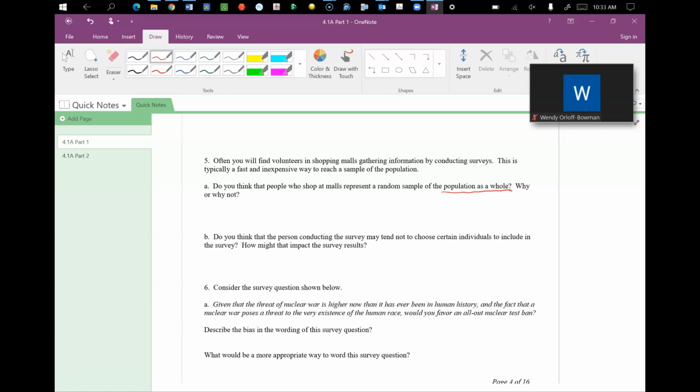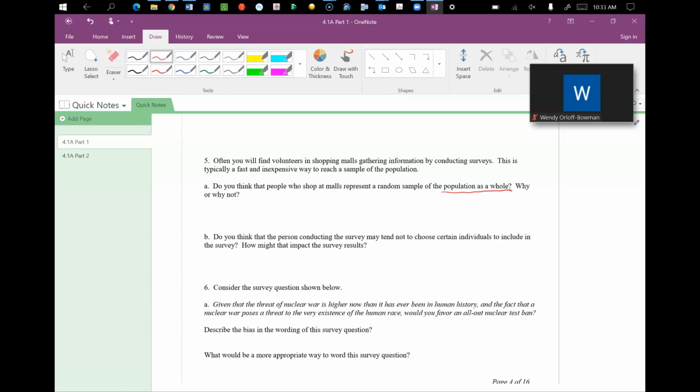So let's say that the question is concerned about the entire population of the U.S. and that this mall is located in the U.S. So if we have somebody gathering information by conducting surveys from people at a mall, if they are not randomly selected, that's going to be a problem.